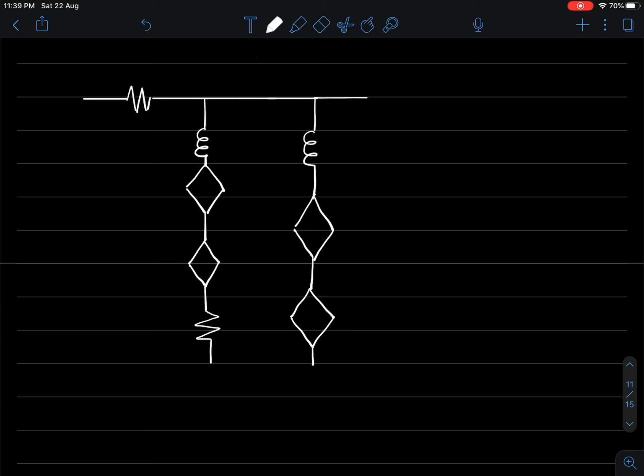I'll take L3 a little farther, put L3. L3 also has 2 symbols indicating that it too has 2 mutually induced EMFs, and there is a capacitor here.